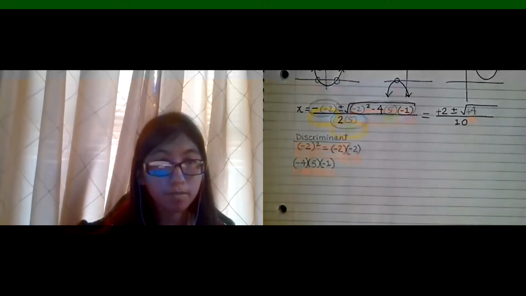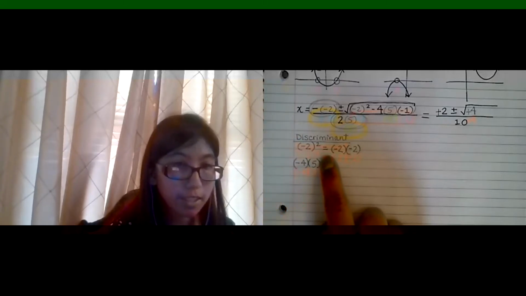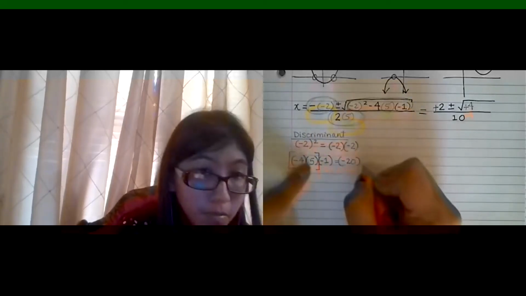So usually I like to use the grouping associative property, and I want to look at just one part at a time. So here I see -4 times 5 is? -20. Okay, so I'm going to write that down. I'm going to put that in brackets because that's what we did. We used the associative property to say that that is -20. And then that -1 is still there. So therefore, it would be a positive 20.